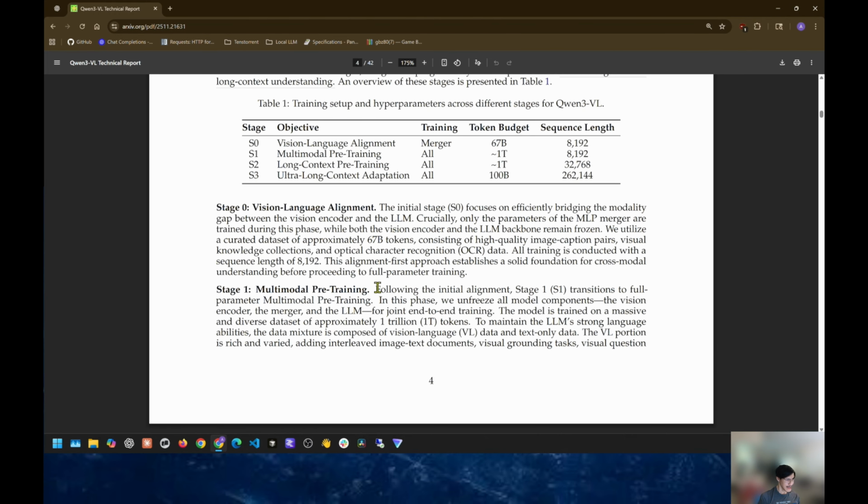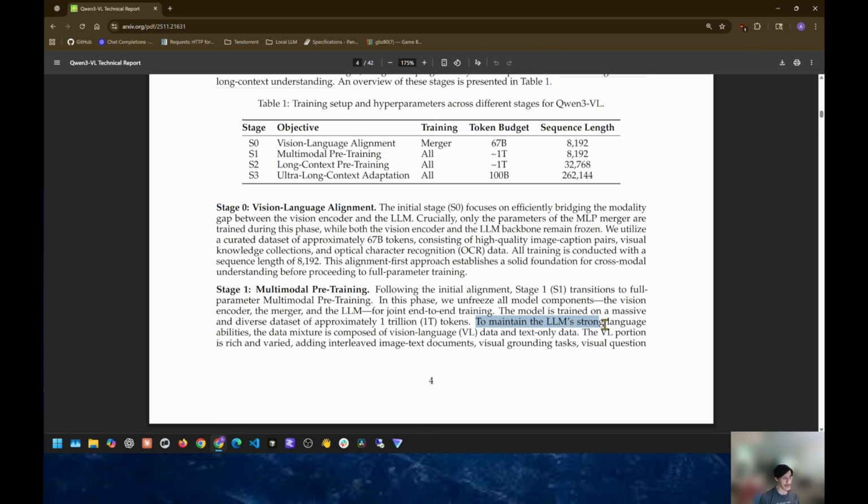Multimodal pre-training. Following this initial alignment, stage 1 transitions to full parameter multimodal pre-training. In this phase, we unfreeze all model components, the vision encoder, the merger, and the LLM, for joint end-to-end training. The model is trained on a massive and diverse dataset of approximately 1 trillion tokens.